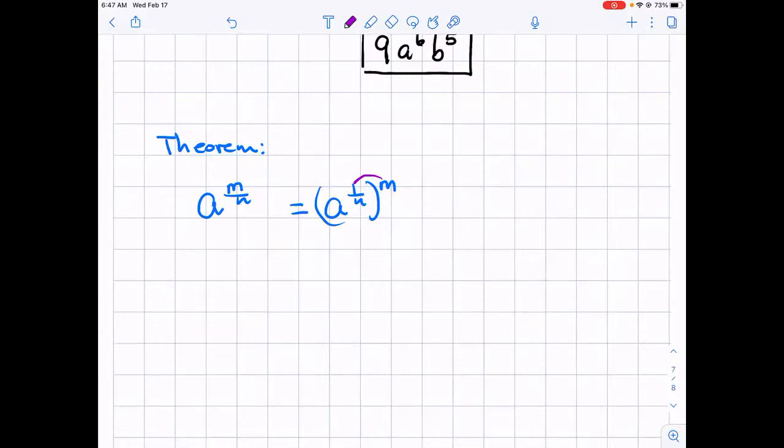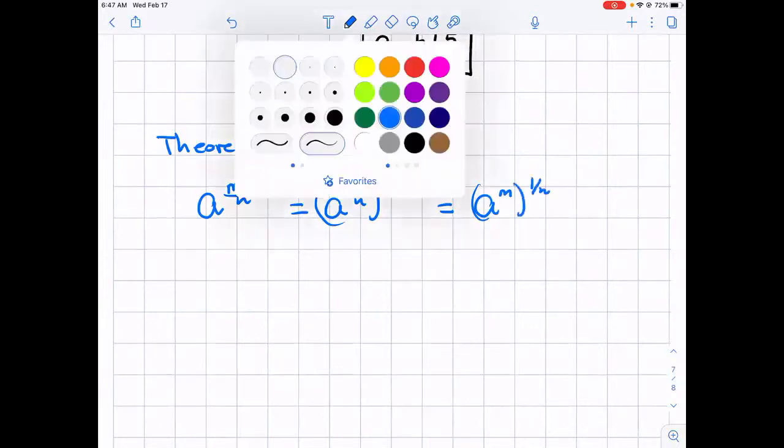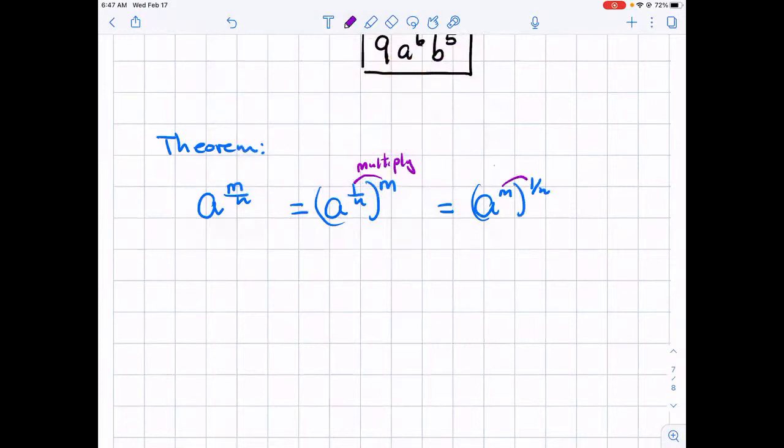Since we multiply, the order of the multiplication doesn't matter. So we can also write this as a to the m raised to the 1 over n power. We are multiplying, so the order doesn't matter. 2 times 3 is the same as 3 times 2. And that's the same as the fractional power. So we will use this, and I just wanted to point out this theorem to you.